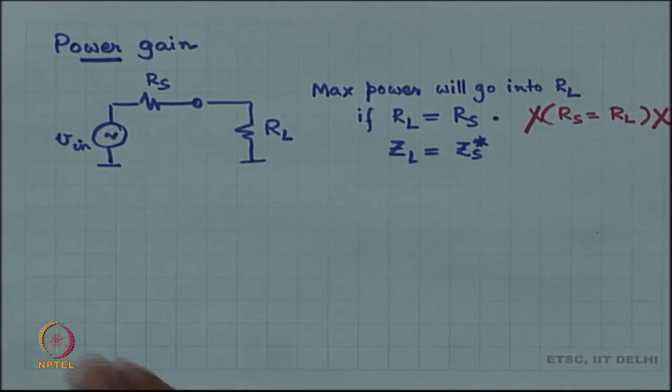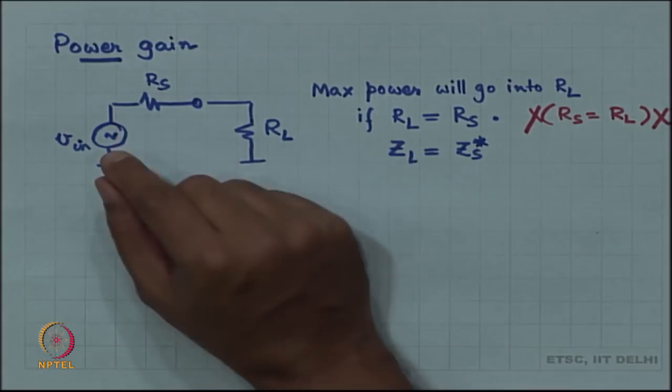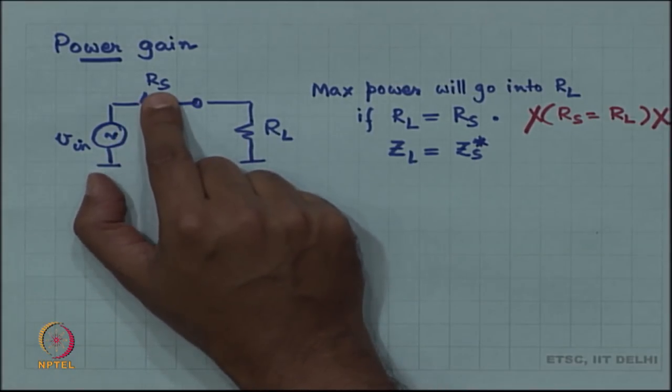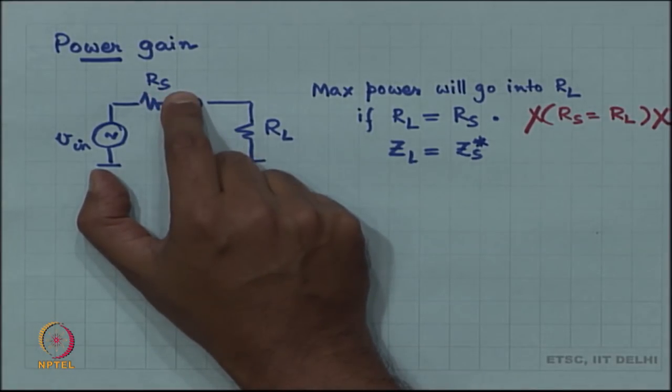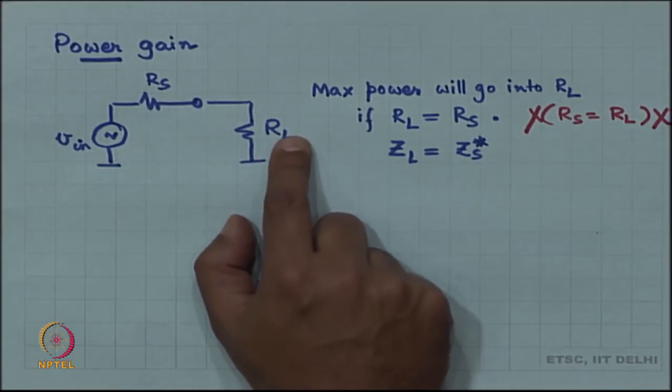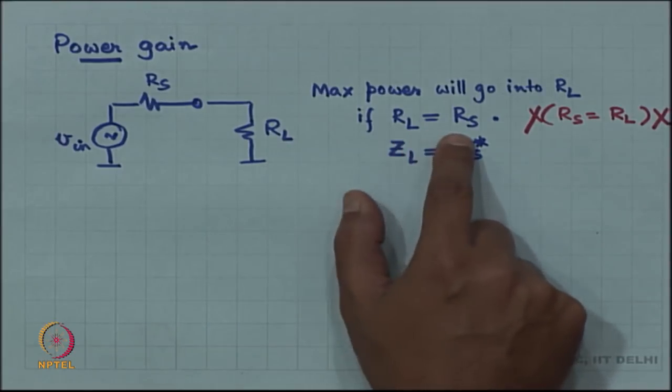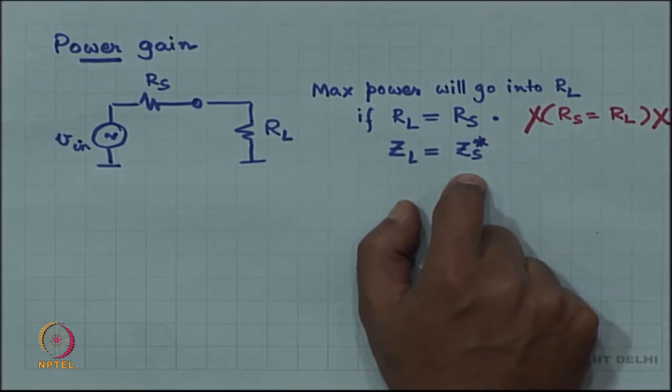Okay. The statement of the maximum power transfer theorem is as follows. If I have a voltage source V in series with a resistance Rs or an impedance Zs, then maximum power is transferred to a load ZL if ZL is equal to Zs star.